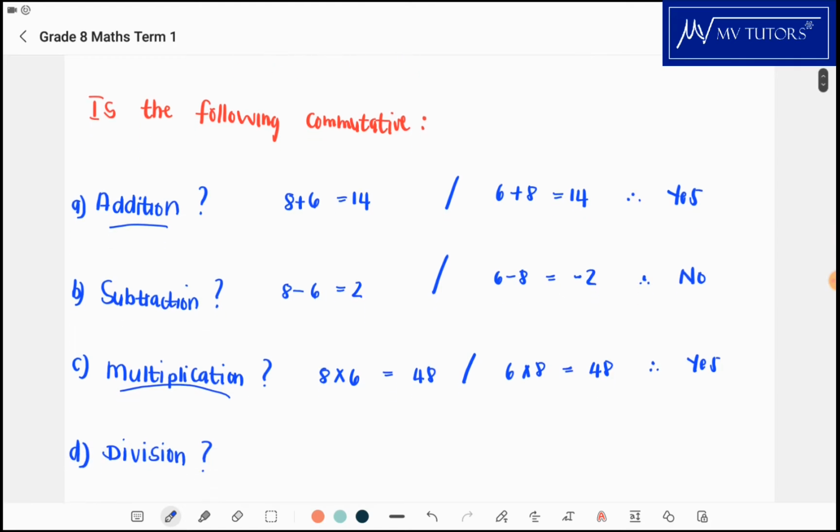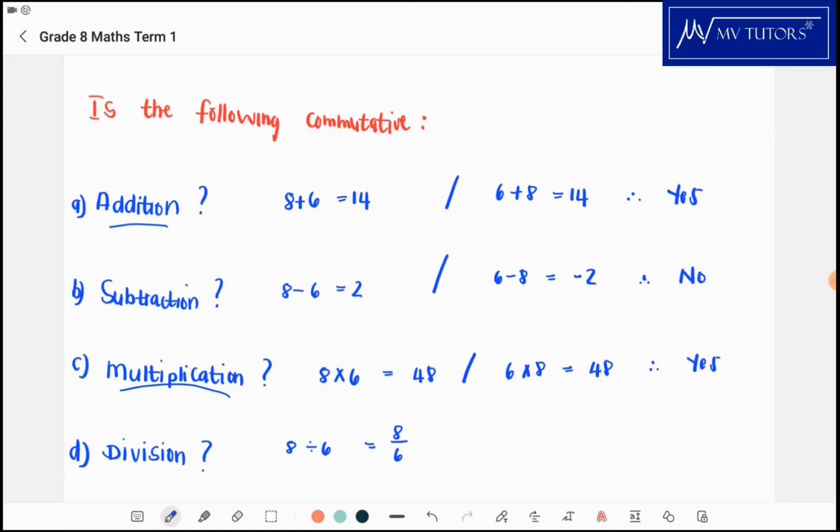Now, when we get to division, what happens? I'm still using the same numbers. So 8 divided by 6. I can actually write it as 8 over 6. The fraction line is actually like saying division.